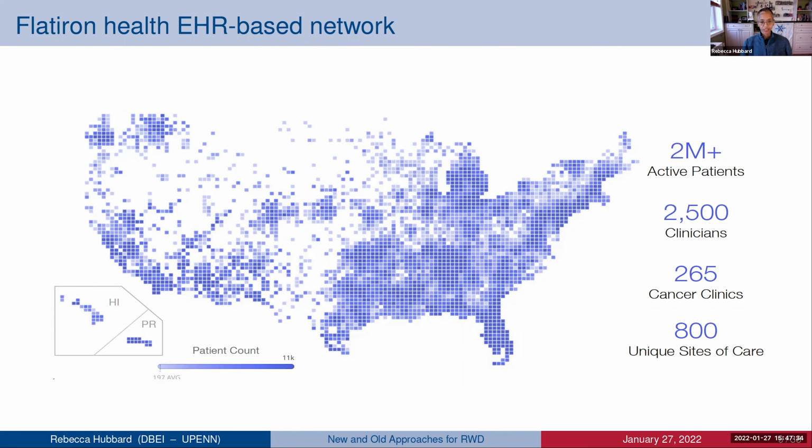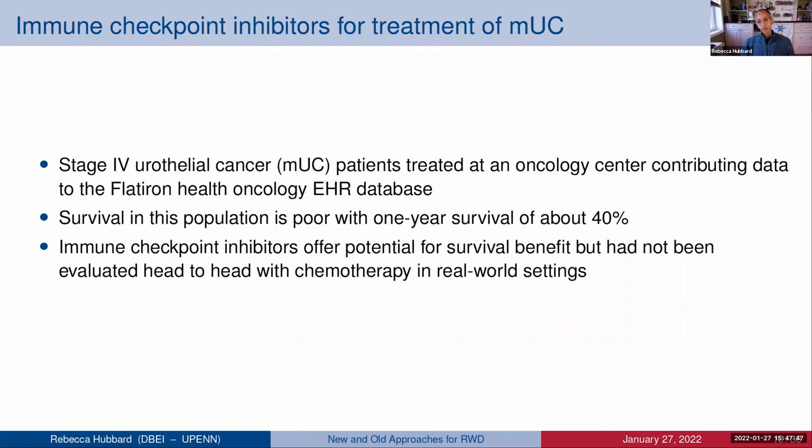The specifics of the question that we were investigating was, we were in the setting of stage 4 urothelial cancer, investigated among patients treated at one of the oncology centers that were contributing to the Flatiron Health network. This is a very severe and poor prognosis disease. 1-year survival is only about 40% in this population.